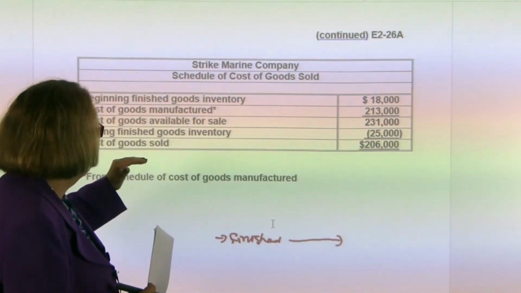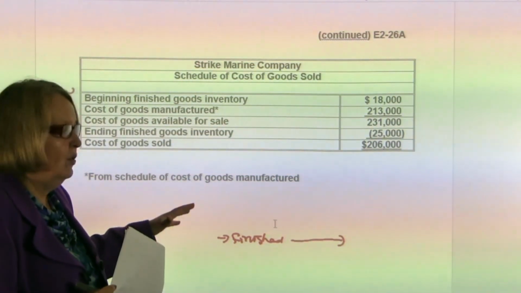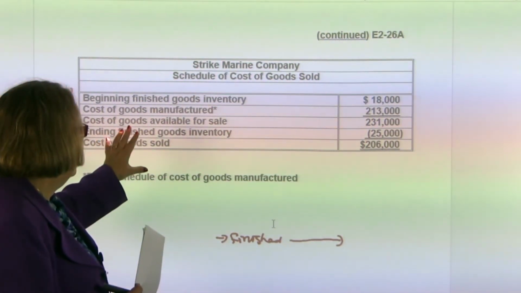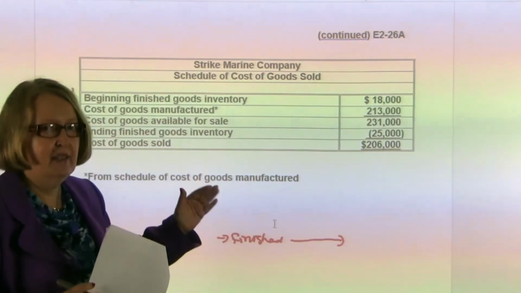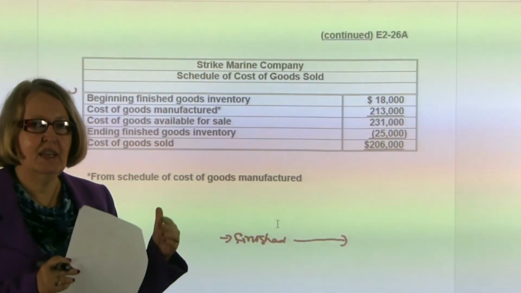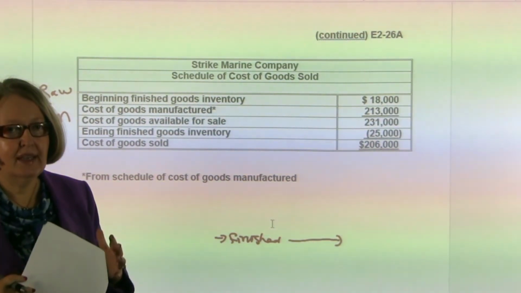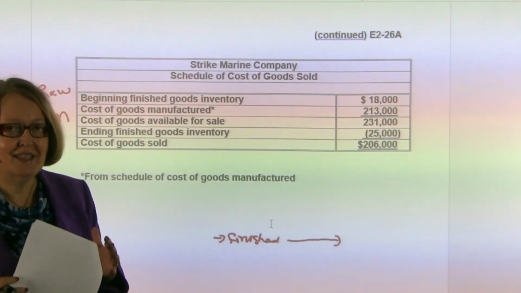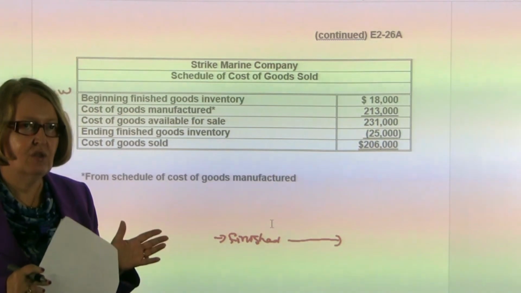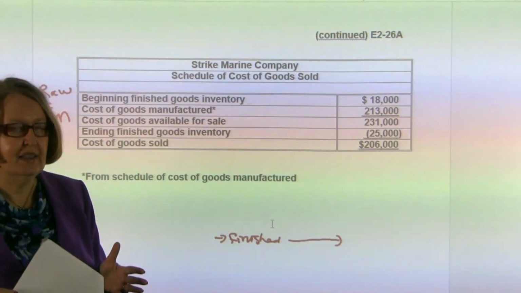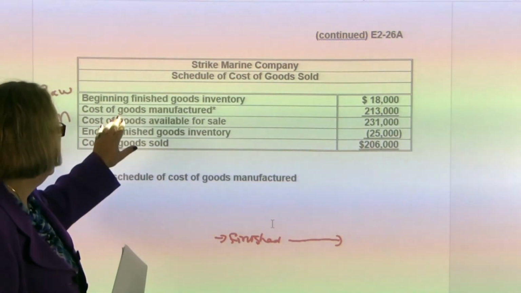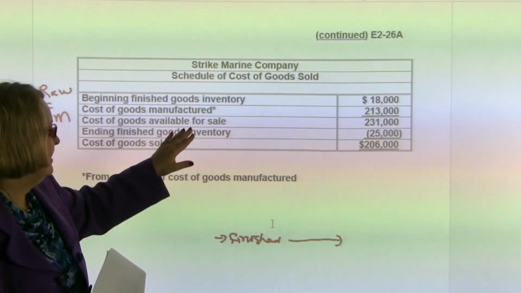So now what you're doing here is you're looking at your finished goods inventory at the beginning of the year, because at the beginning of the year you're always going to have goods that you had completed, were available for sale but didn't sell in the previous year. So you still have those in your opening balance at the beginning of the year. So your beginning finished goods is 18,000.